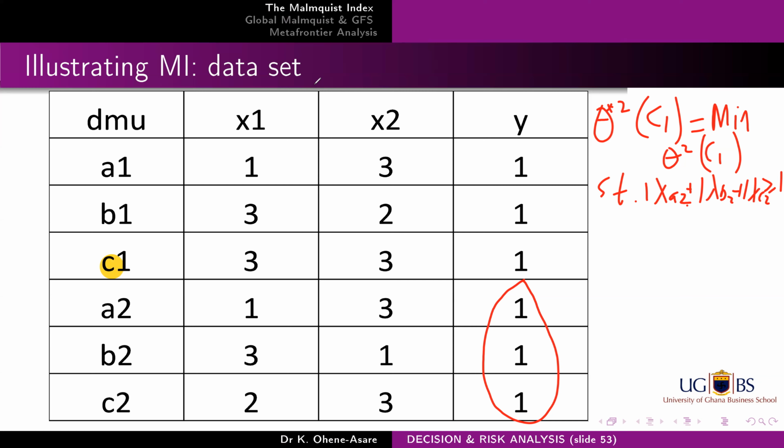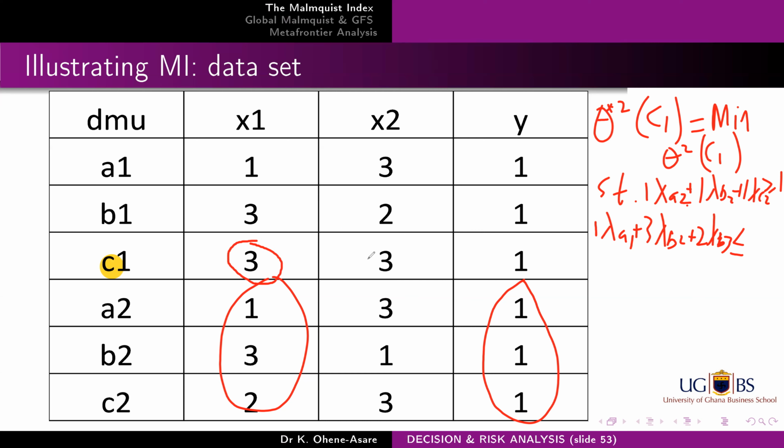Then for the input constraint, there are 2 of them you're going to formulate. You are going to use the X1 first. That will be 1 lambda A2 for the first number plus 3 lambda B2 plus 2 lambda B3, less than or equal to that very input of C1 that you are dealing with.